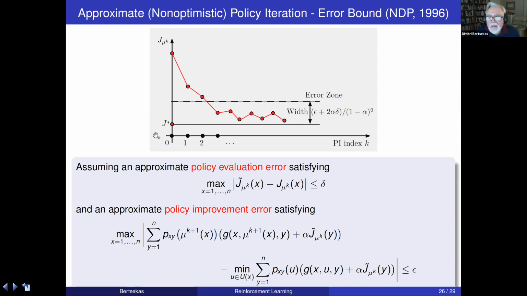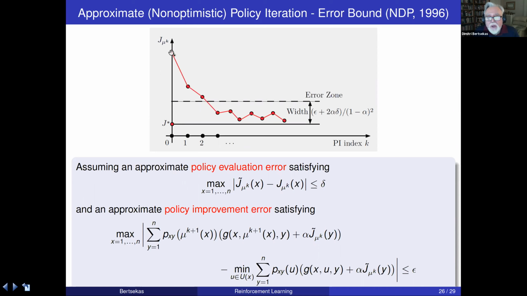What I have here is an oversimplified picture that's projected on a two-dimensional plane. We look at J star, we represent it by a single number. So let J star be this level here, the optimal cost. And these are the costs that correspond to the different policies generated.